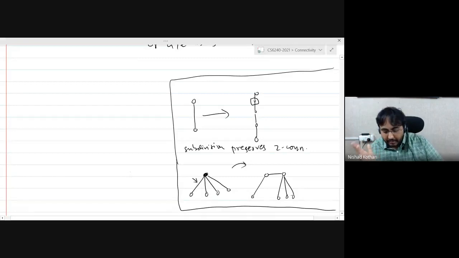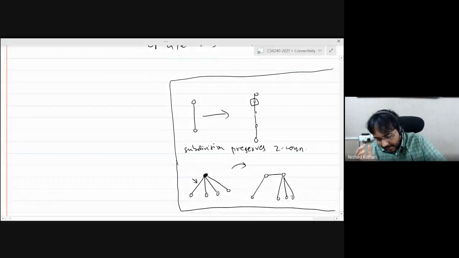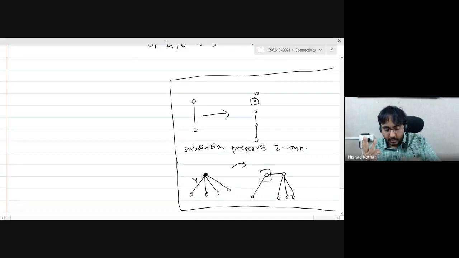The problem is it's not a vertex expansion because you need to give this guy at least 3 distinct neighbors. So in that sense, it is not really a vertex expansion. It is a weaker form of vertex expansion. But what is still true is that if you contract this edge, you will go back to this graph. So subdivision is related to contractions and vertex expansions, but it is a weaker operation than vertex expansion. And in particular, it does not preserve the 3 connectedness property. Does that answer your question? Okay, thanks.